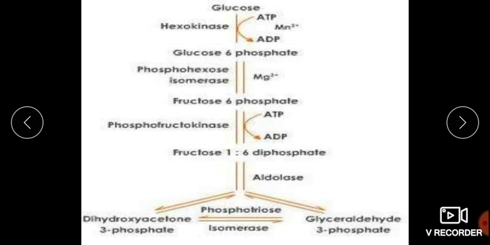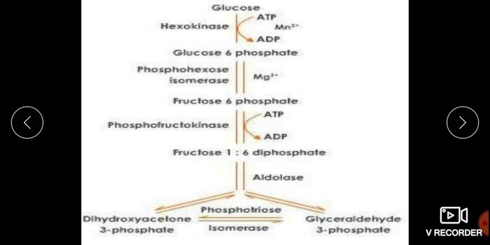The inorganic phosphate gets attached to carbon atom number 6 of glucose, and glucose gets converted into glucose 6 phosphate. The enzyme hexokinase plays a role in this conversion and requires manganese for its activity.